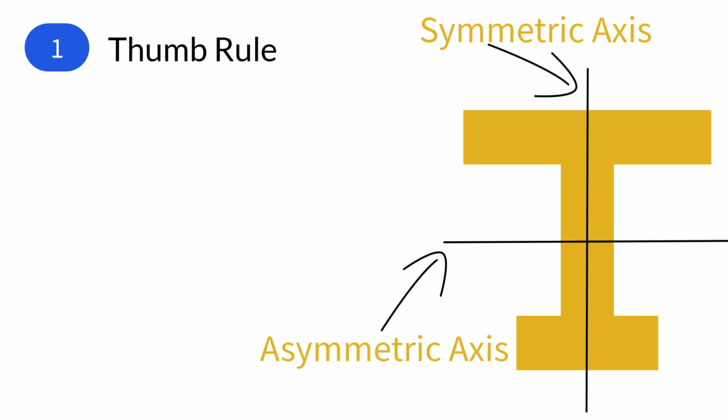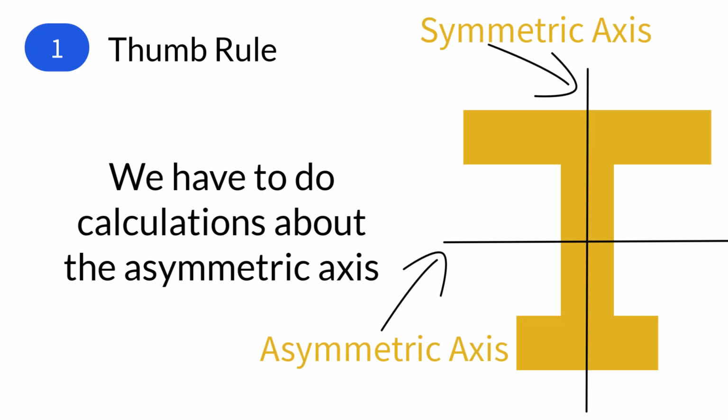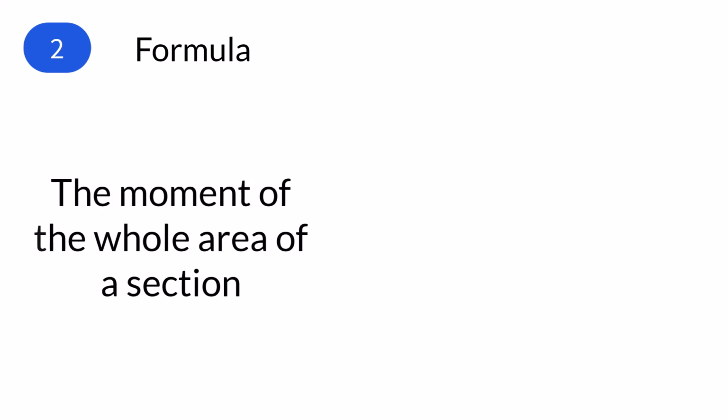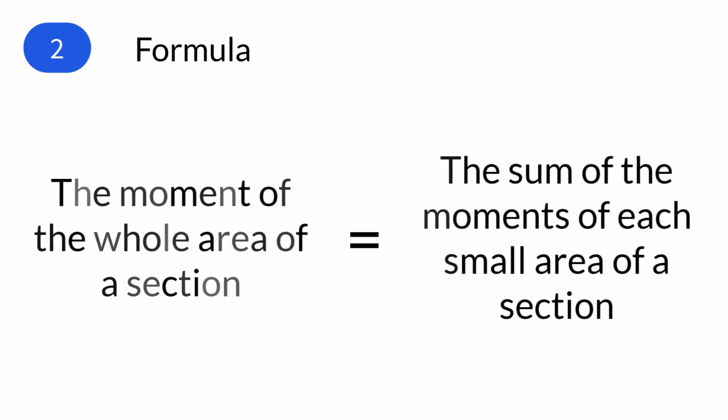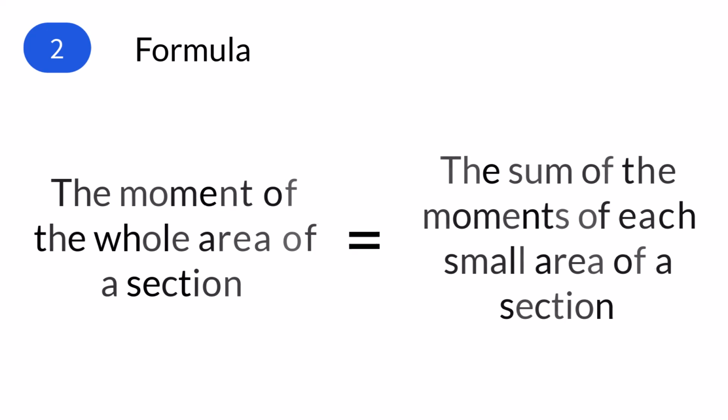For such a scenario, we have to do calculations about the asymmetric axis to find the exact location of the centroid. The calculations are done using an easy formula. The formula says that the moment of the whole area of a section is equal to the sum of the moments of each small area of a section.